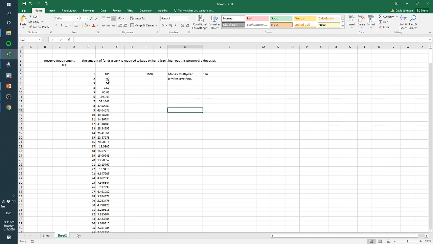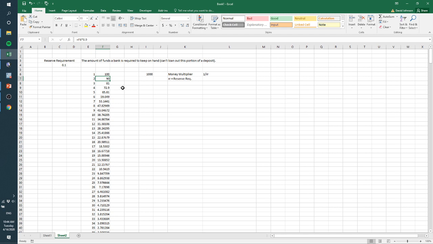Instead of depositing the full $90 back in the bank, Joe Blow decides that he's going to keep a little bit of cash on hand. Alternatively, the bank could decide, all right, the government's only making us keep 10% of deposited funds on hand, but maybe we want to keep 11%.